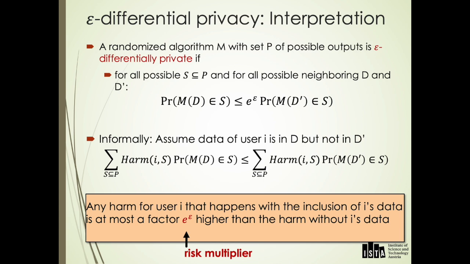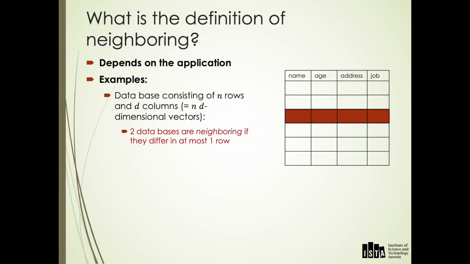So now, what is a good definition of neighboring? Especially in the early days, people in differential privacy mostly looked at databases, which they thought of as tables. So you have some table, every row is a user, and every column tells you something about the user. And then the standard definition of neighboring was that two databases are neighboring if they differ in at most one row.